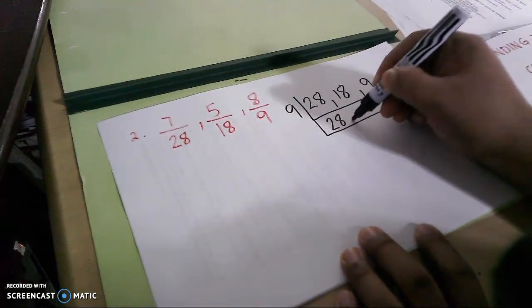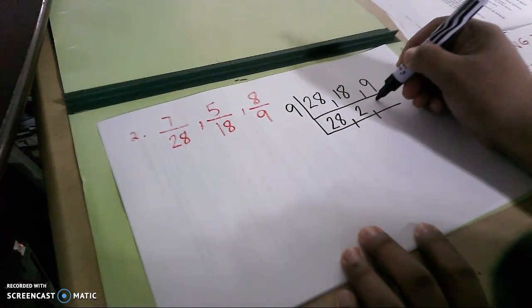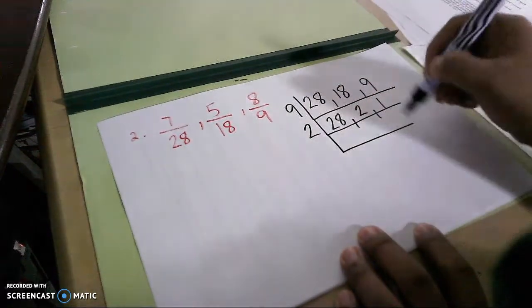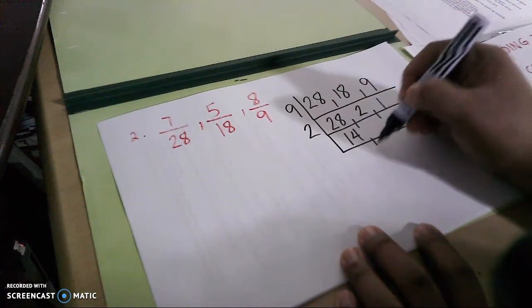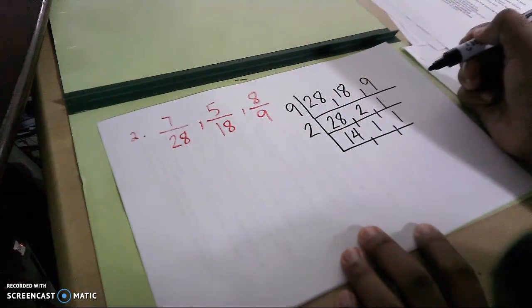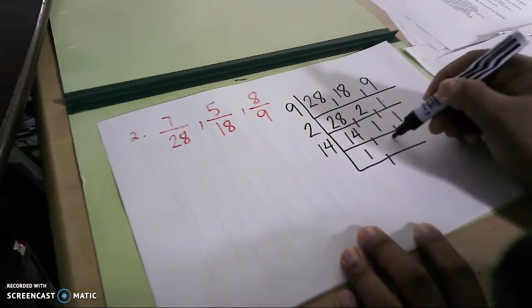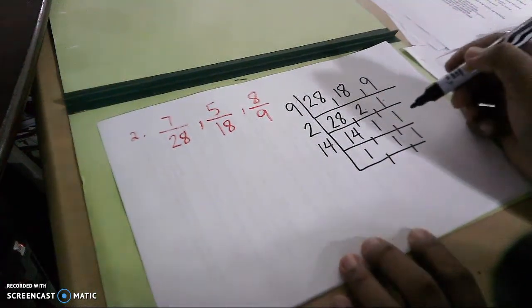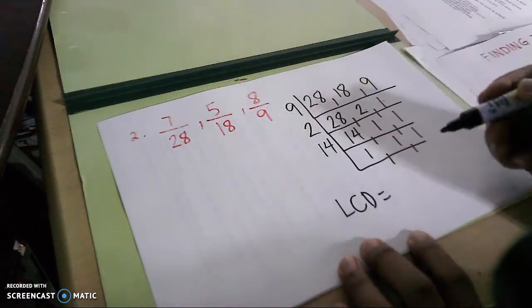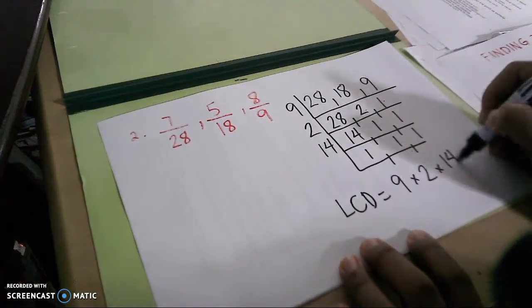Just copy it. 18 divided by 9 would be 2. And 9 divided by 9 would be 1. 2 and 28 are both divisible by 2. 28 divided by 2 is 14. And 2 divided by 2 is 1. Just copy this. It becomes 1 also. And then just copy the 14. This will become 1. This will become 1. And this will become 1 also. So therefore, the LCD will just become the product of 9, 2, and 14. That will become 9 times 2 times 14.